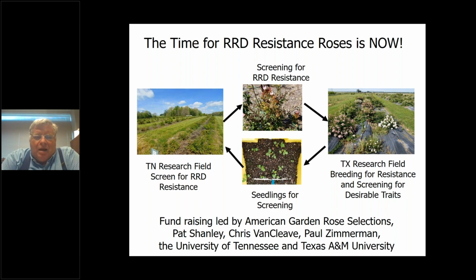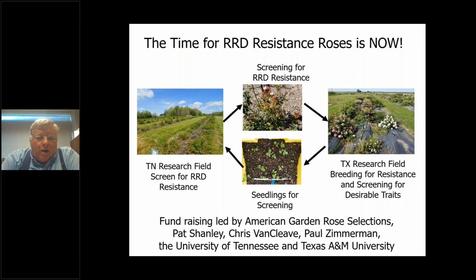And the way this is done is at rose breeders and geneticists at Texas A&M, and we also work with breeders in Wisconsin and private breeders as well. And they will grow the things as seedlings. They send the seedlings to me in Tennessee.